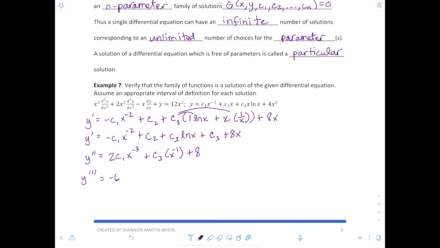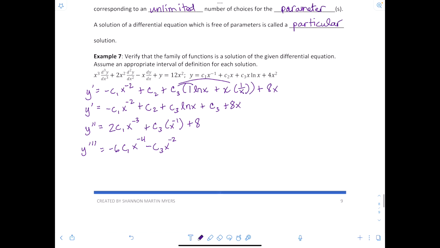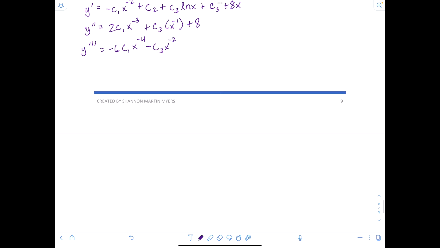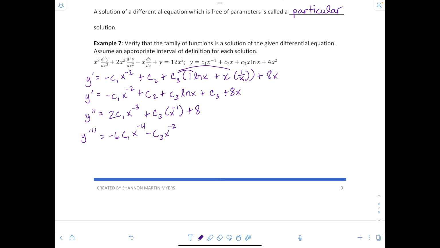So we'll have negative 6c1 x to the negative 4 minus c3 x to the negative 2, and the 8 will zero out. Cool? All right. Now, what do we need to do? We need to go ahead and plug it in to the differential equation and see what we get.